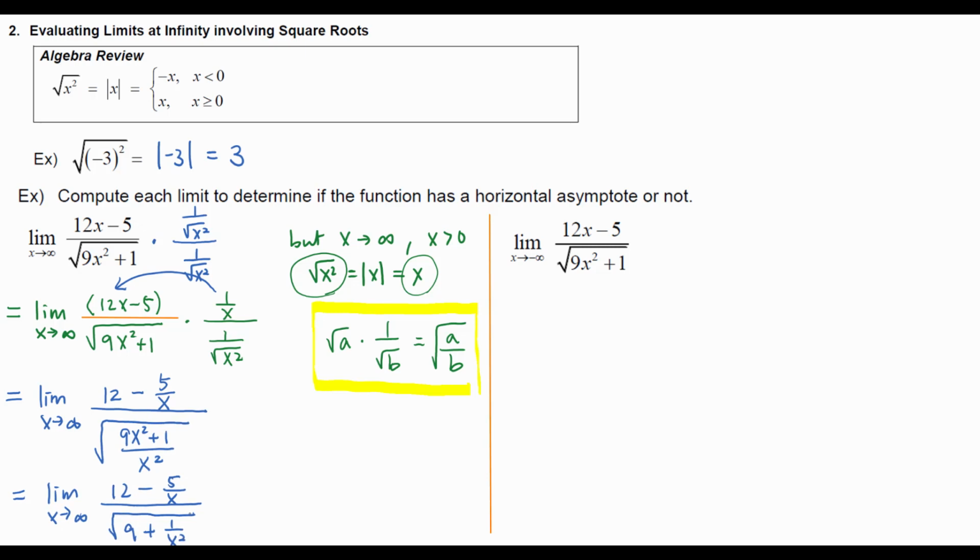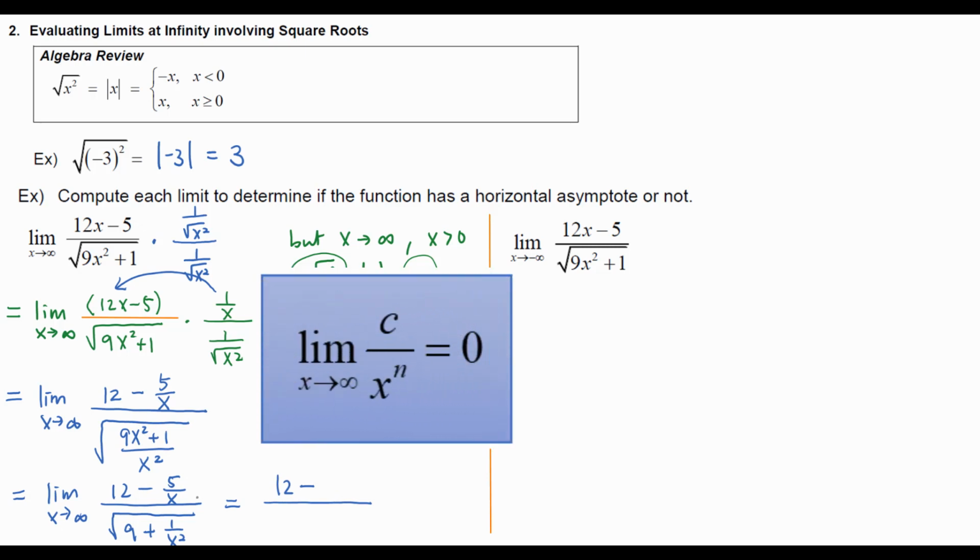So as x approaches infinity, 12 is just 12, minus the limit as x approaches infinity of 5 over x, which is 0.